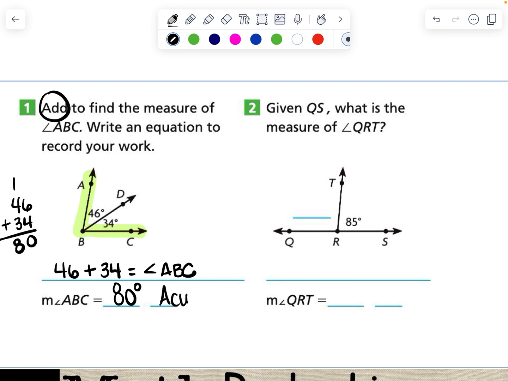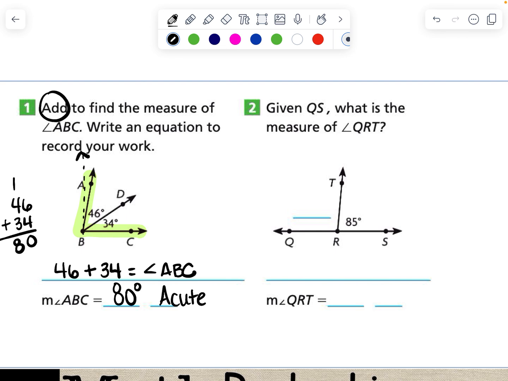We could also classify it as being acute. We know it's acute because it measures less than a 90-degree angle. Based upon our image, that angle falls smaller than the 90-degree line.